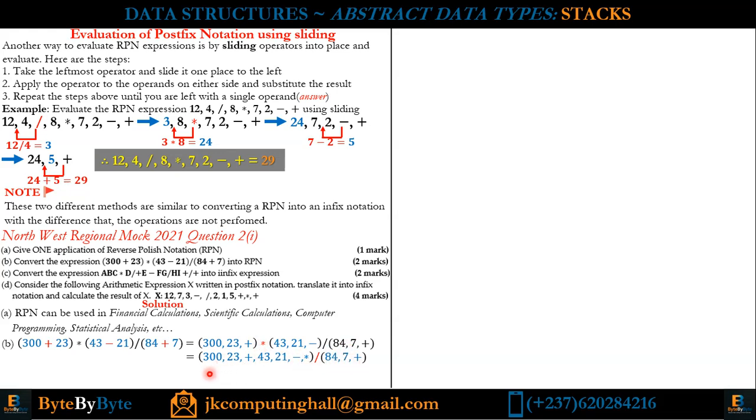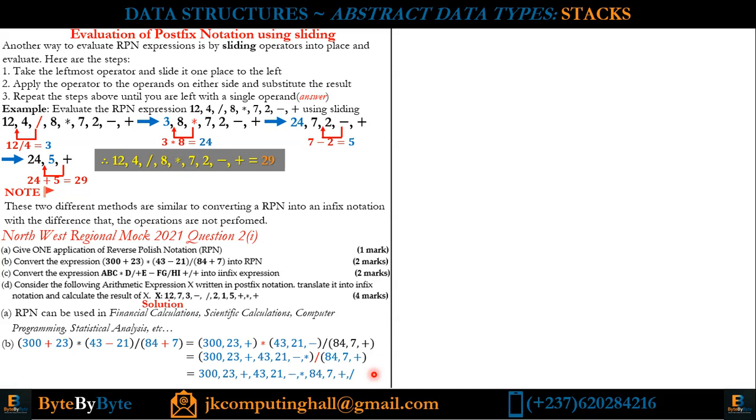So my postfix is going to be this operand followed by this operand followed by the operator. So I'm supposed to have 3, 23 plus, 43, 21 minus, times, 84, 7 plus, division. And that is my final answer, dear students. I hope it is clear and understood.